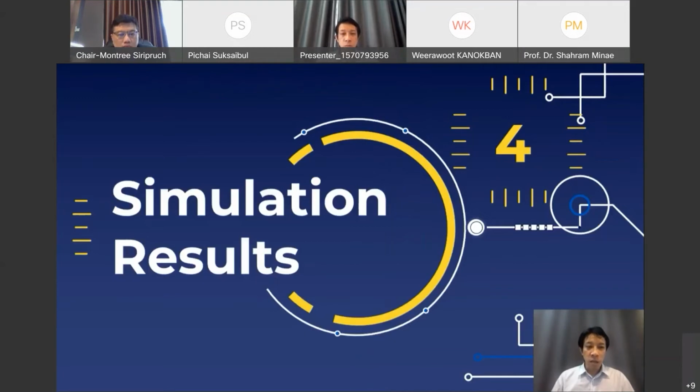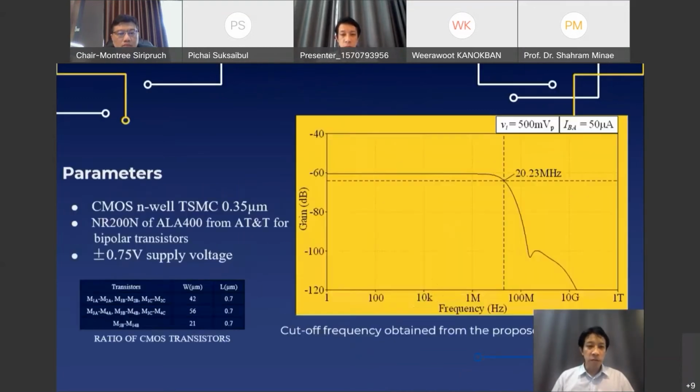The parameters used in this work are CMOS TSMC 0.35 micrometer, bipolar transistor NR200N from AT&T, and a power supply of plus minus 0.75 volt. This table shows the W over L ratio of all transistors used in this work.